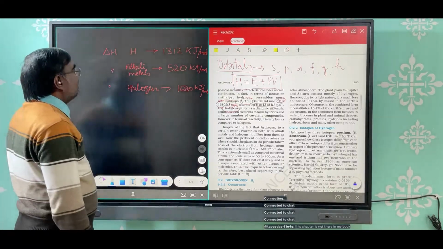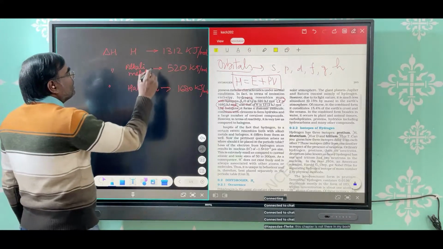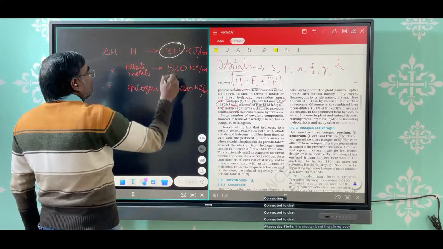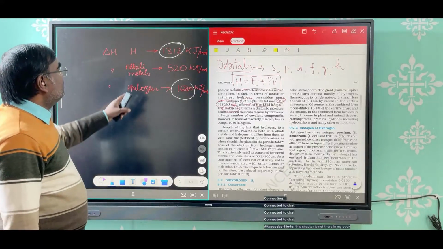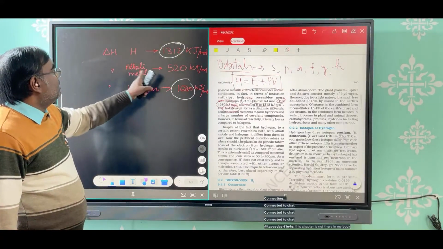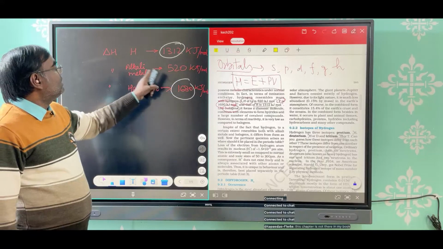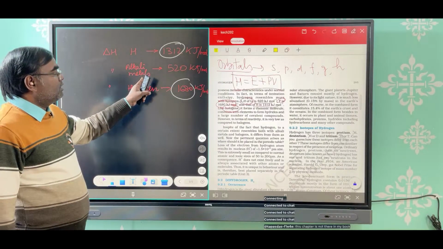So you can see that in terms of ionization enthalpy, hydrogen is much closer to the halogens, and it has more than the alkali metals, right?